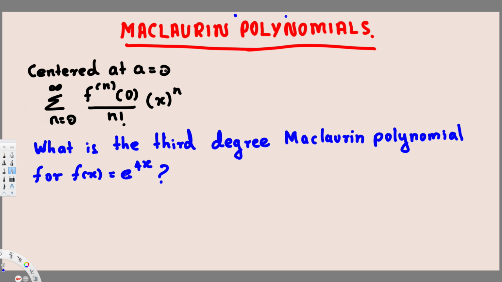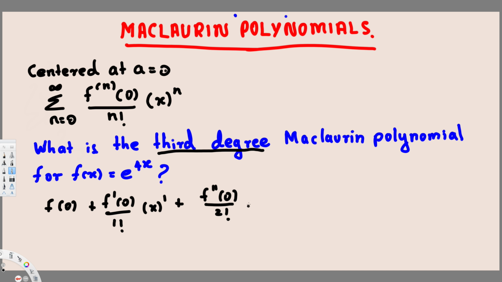Now let's go ahead and find the answer for this one. Since they are talking about third degree, we only consider three derivatives. So this is going to expand like this. First we have f of x, so that's going to be f of 0, plus f prime 0 over 1 factorial x to the power 1, plus f double prime 0 over 2 factorial x squared, plus f triple prime 0 over 3 factorial x cubed.